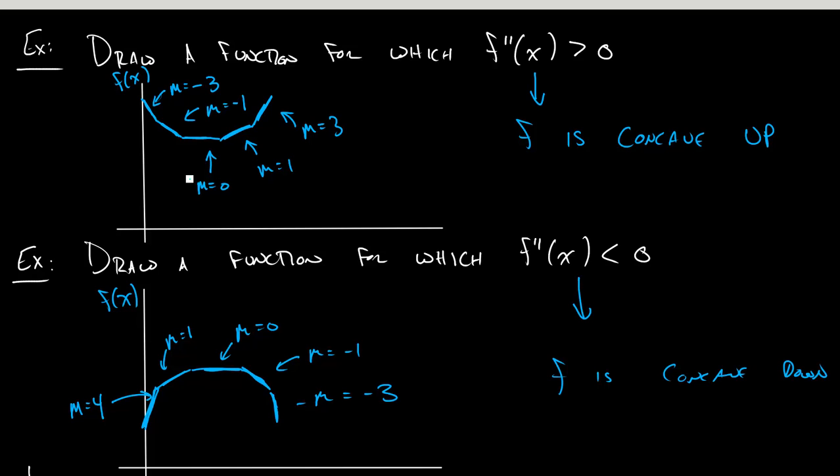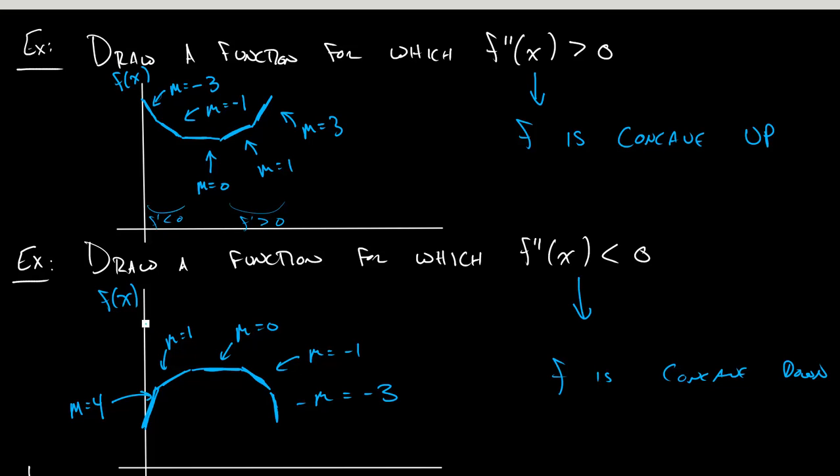And so what I really wanted to show you from these two graphs is that here's an example of a function f where f double prime is greater than 0 the whole time, right? But notice on this graph that f prime is less than 0 for that part of it, and f prime is greater than 0 for that part of it. For the last part of it, it's equal to 0 in the middle.